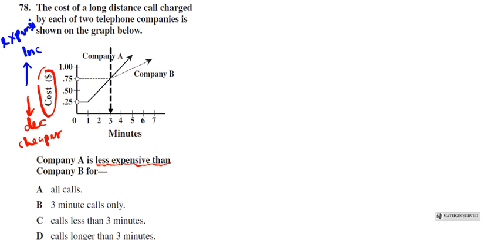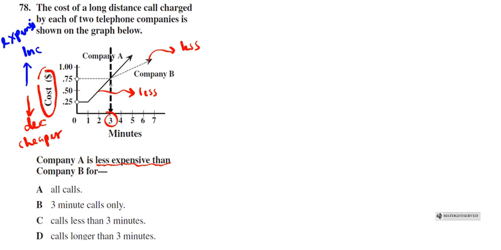So if you take a look at this chart, before the intersection at 3 minutes, company B is above company A, which means it has a higher cost. So that means company B is more expensive than company A here, or company A is less expensive here. So here, company A is less. And then in this area, company B is less.